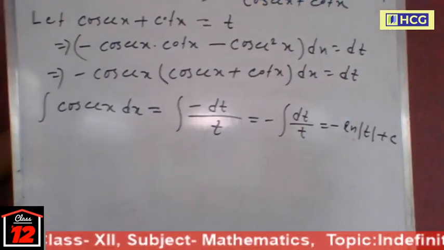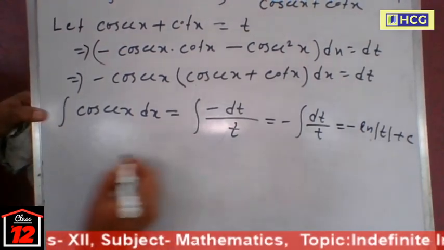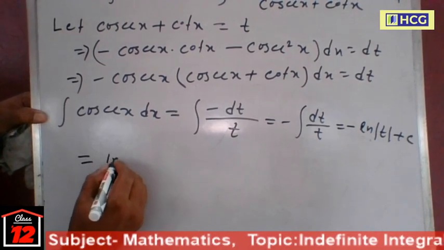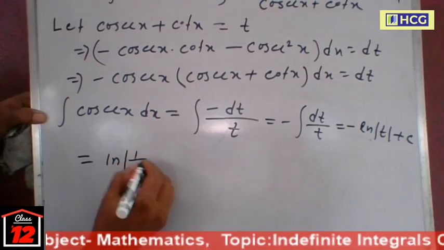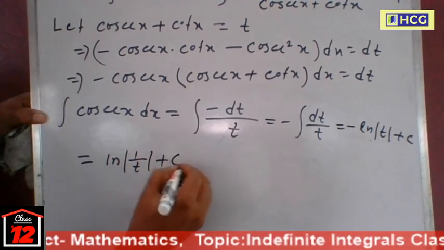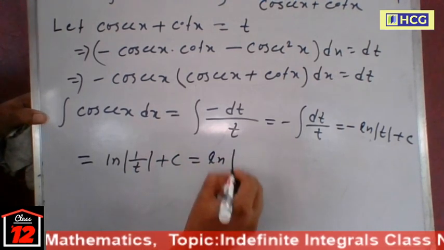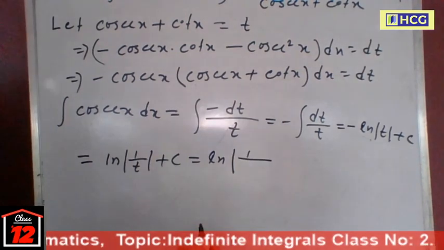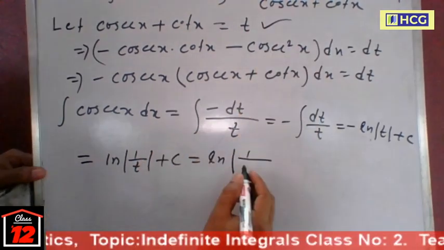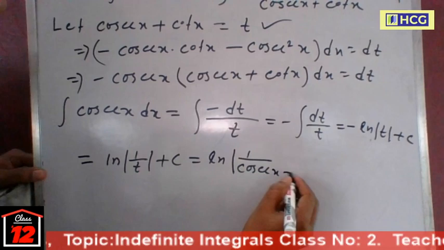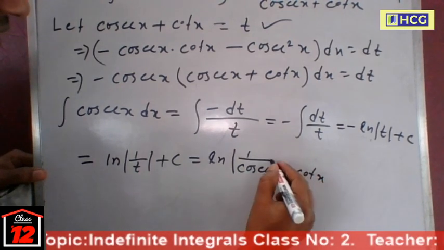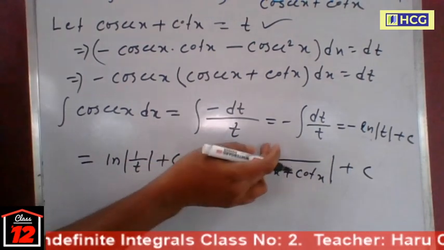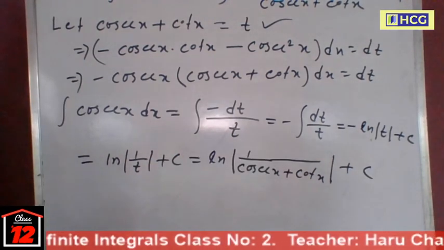Now this is equal to ln mod of 1 by t plus c. Now this is equal to ln of 1 by, and the value of t is cosec x plus cot x, so 1 by cosec x plus cot x plus c. Now 1 means cosec square x minus cot square x.